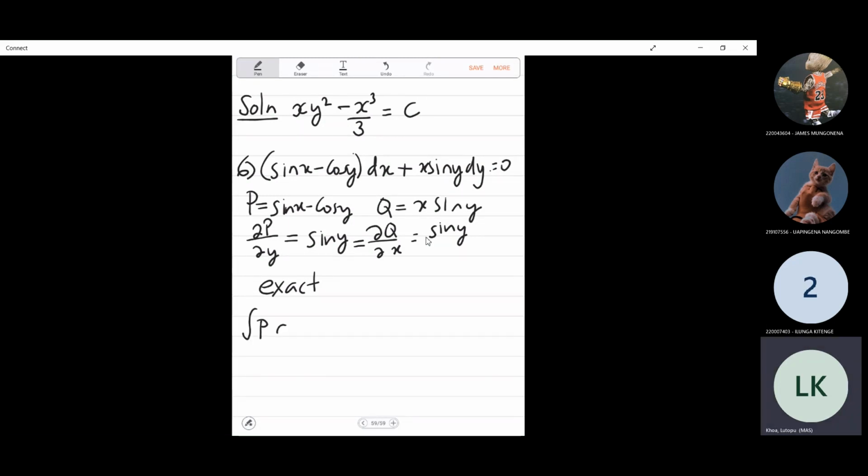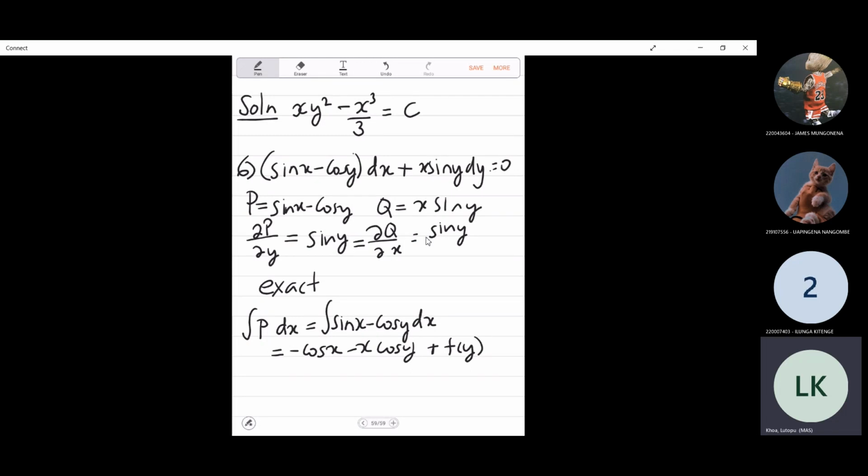So I integrate p with respect to x. This is the integral of sine x minus cos y dx. The integral of sine x is minus cos x. And the integral of minus cos y is minus x cos y, and then we add a function of y.